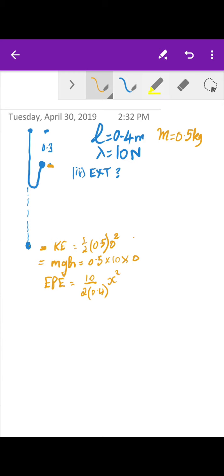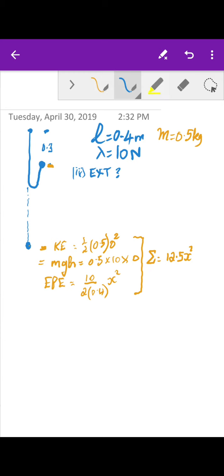Now this summation here is the full energy at the base, and so the sum energy at the base is simply going to be 10 divided by 0.8, so that's 12.5, so that's going to be 12.5 x squared.